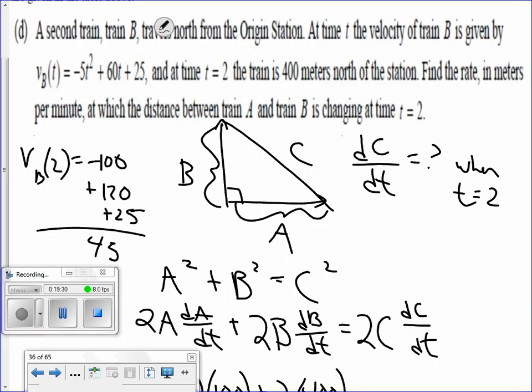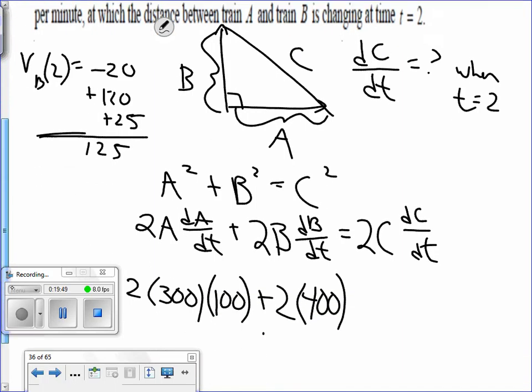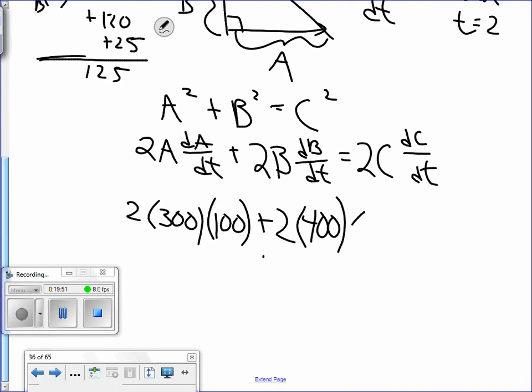Negative 5 times 2 squared? Oh, yeah. I don't know what I was doing. Thank you. So it's negative 20. Now I have to erase. 125? Okay. Yeah, that was my fault. So 125.